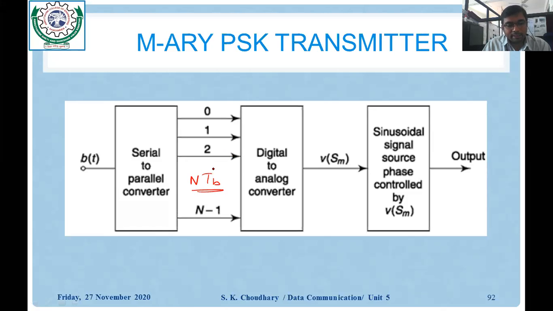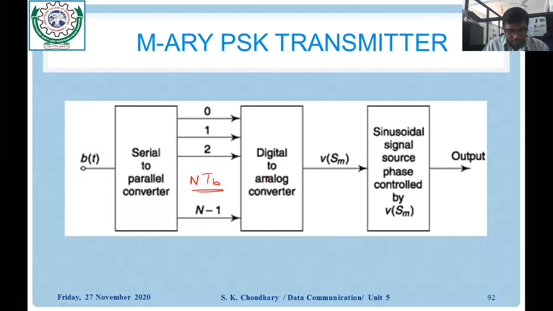Up to this n TB time duration the information remains unchanged, because during this duration the converter assembles a new group of n bits. Once the n TB time has elapsed, this information is moved forward, and the next n bit information is ready for conversion.